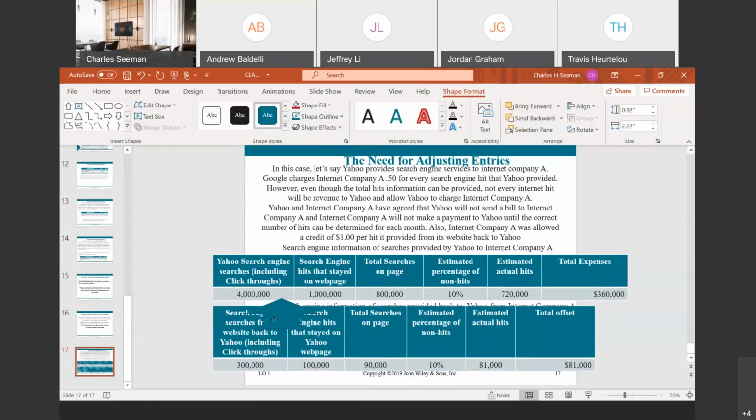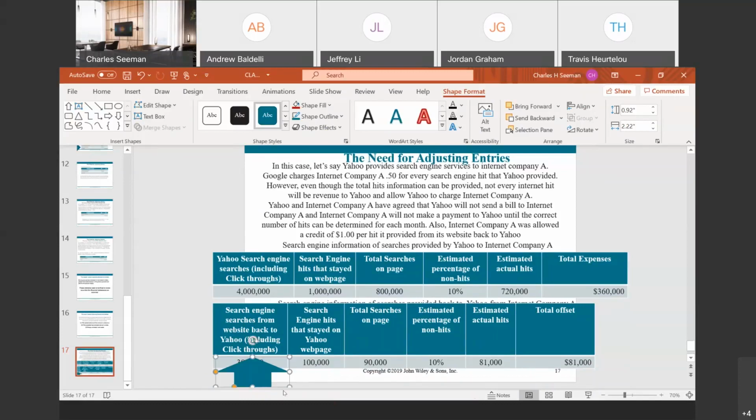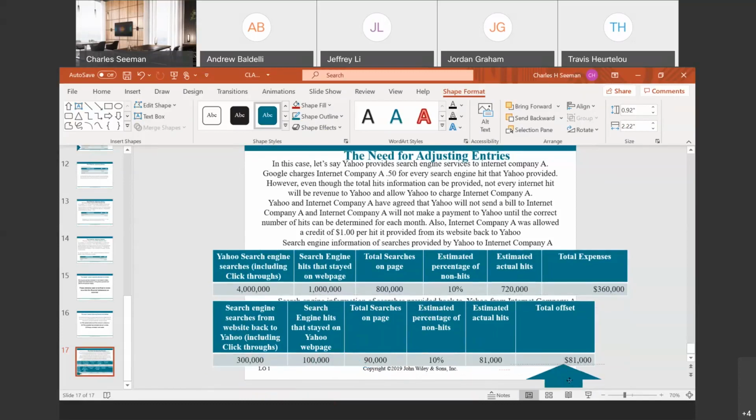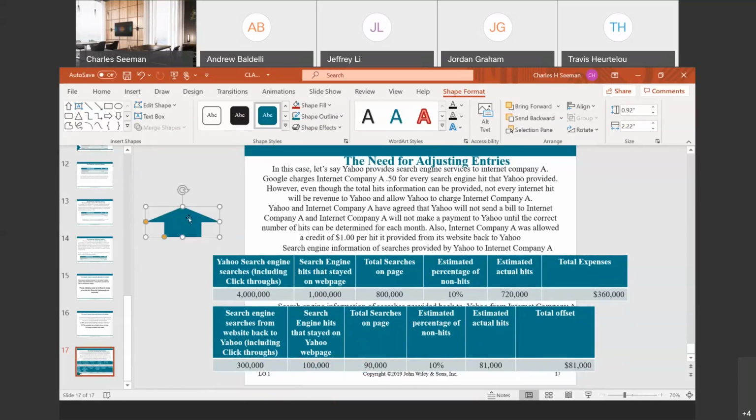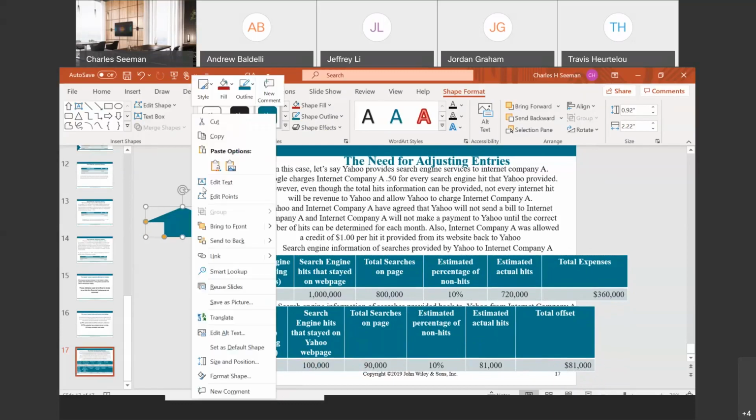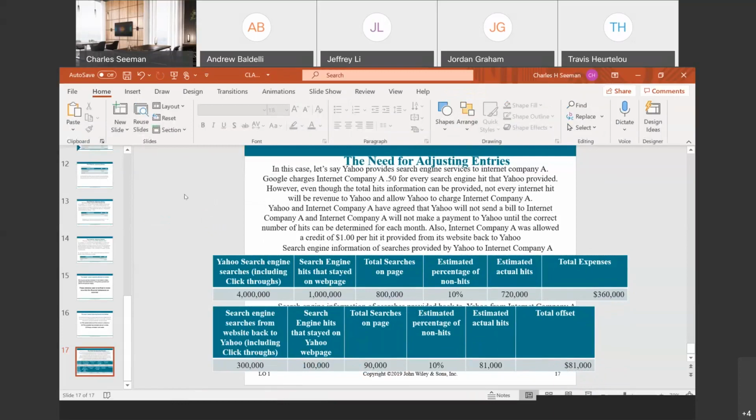The same thing that was true here is true here. We know that 300,000 people used our website and went back to Yahoo, but we don't know any of these other numbers. So we don't know what the final numbers are going to be. Again, instead of us sending an invoice and them having to correct it over and over, we just make an estimate of the amount. And then when the real amount is determined, we pay the real amount.